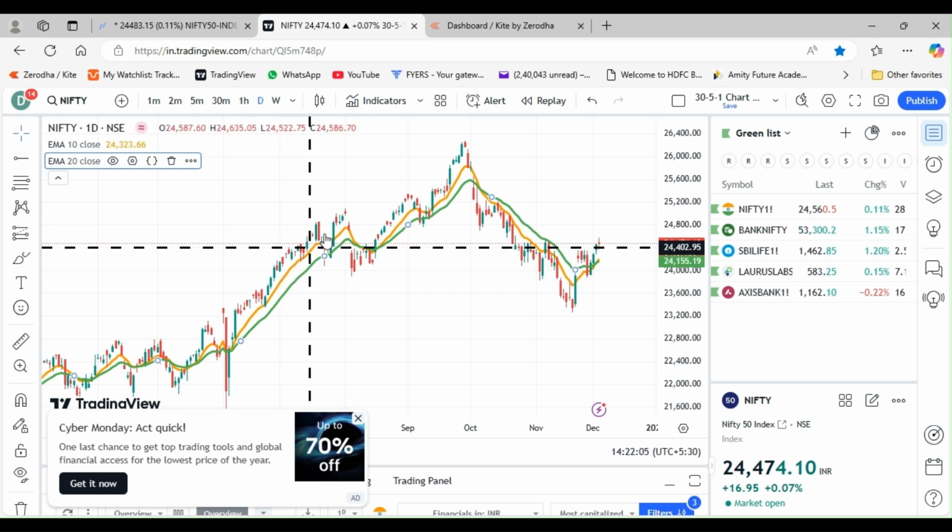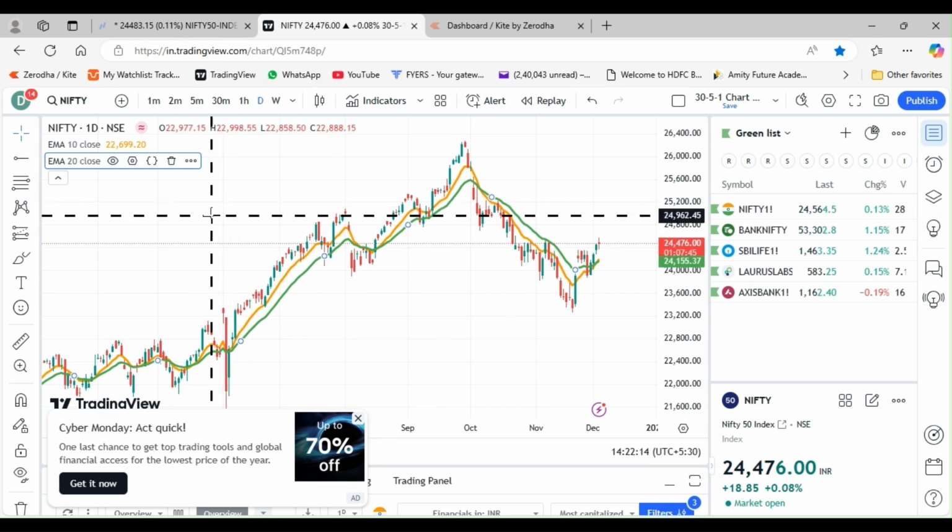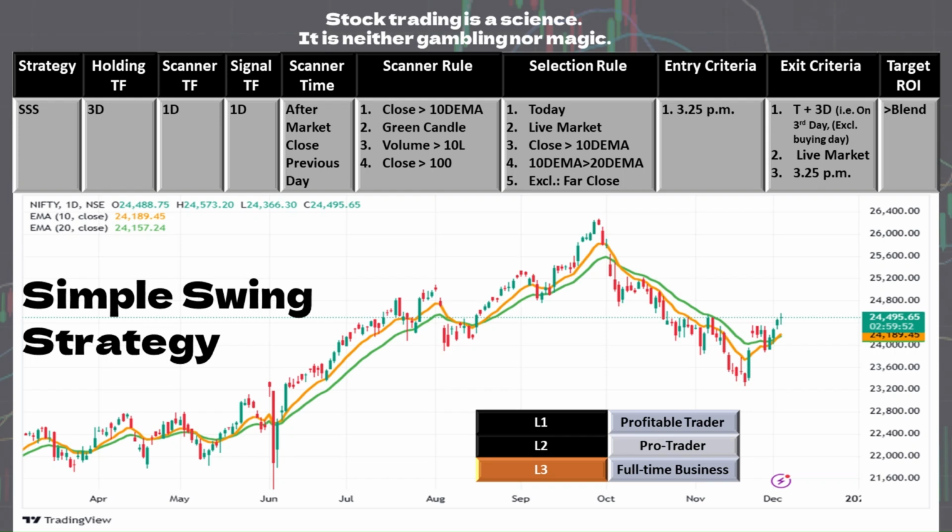See now here, the orange line is the 10 DEMA and the light green line is the 20 DEMA. We will now see how to develop this strategy through technical analysis. Please pay attention and be ready with your pen and paper and take notes, and also try to implement this by yourself.